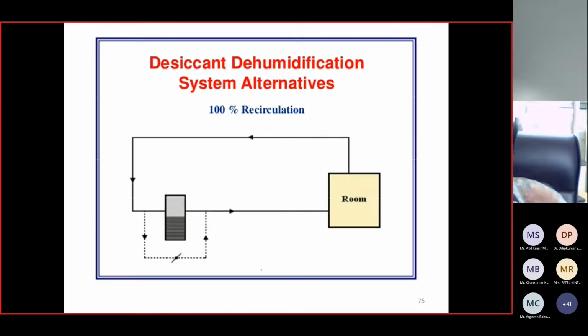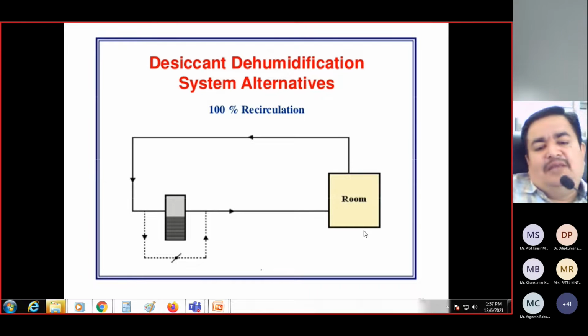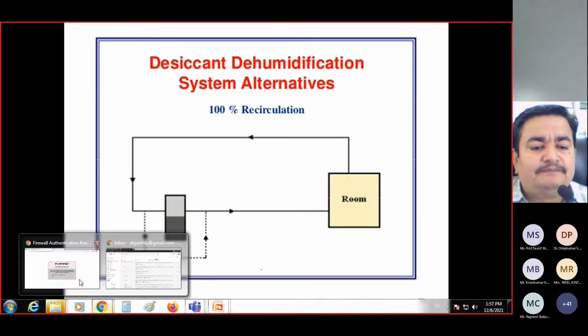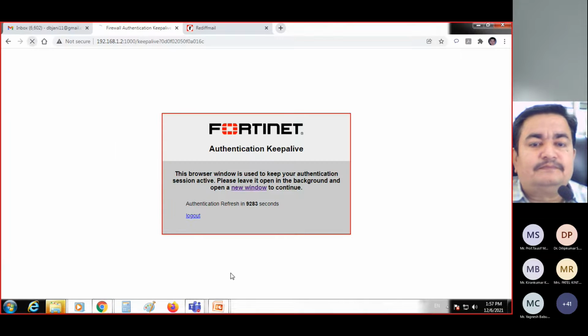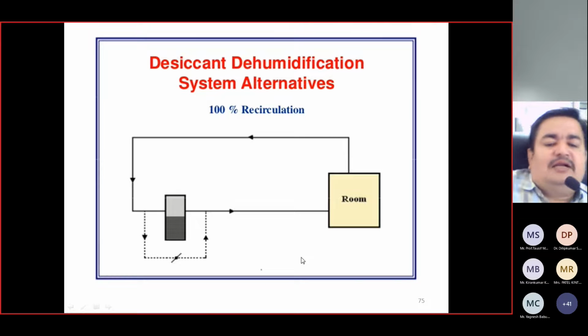So there are different kinds of configuration for the design of desiccant cooling systems. Some systems may use 100% recirculation, wherever a harsh ambient with very high temperature is available at a very high humidity. In that condition, you might have to use complete room air, dehumidified and cooled and provided to the room.